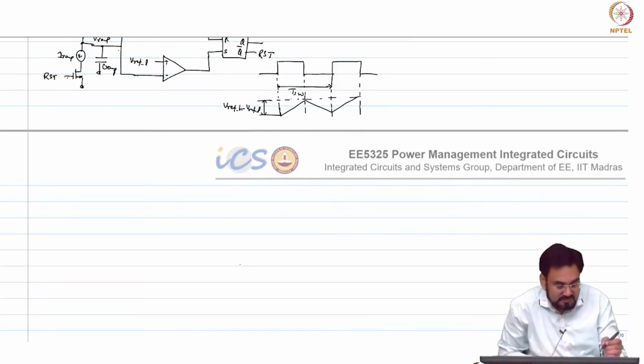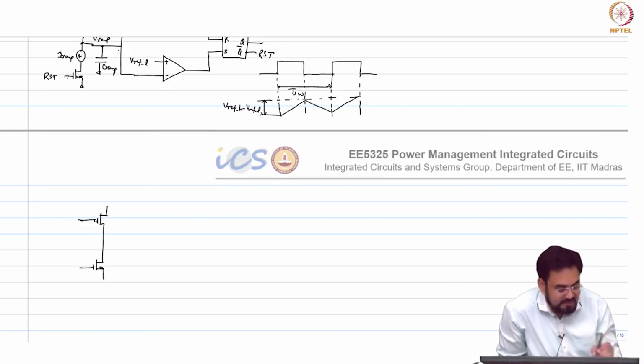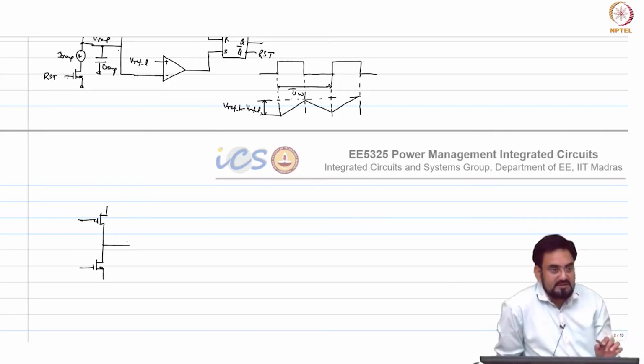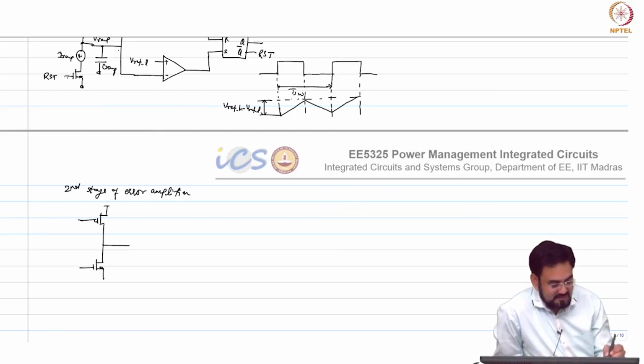Okay, so this is your output stage of your op amp. Okay, I am just drawing the second stage of the error amplifier.